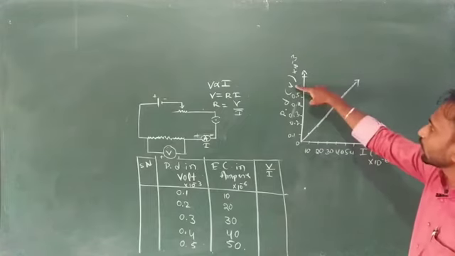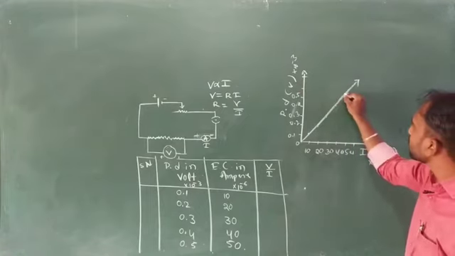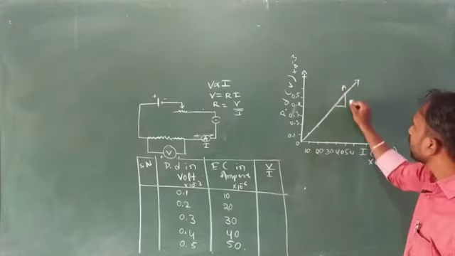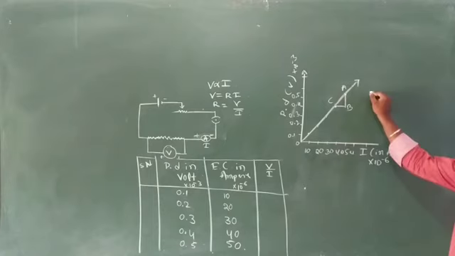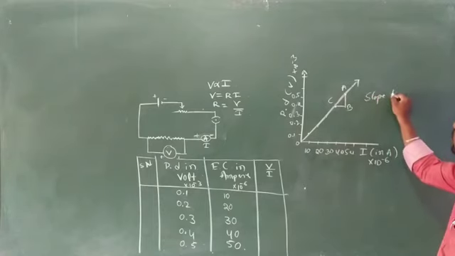For the slope, suppose we consider 3 points A, B and C. The slope is equal to AB divided by BC.